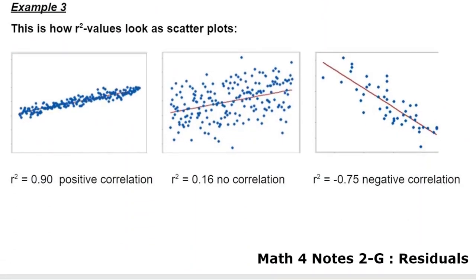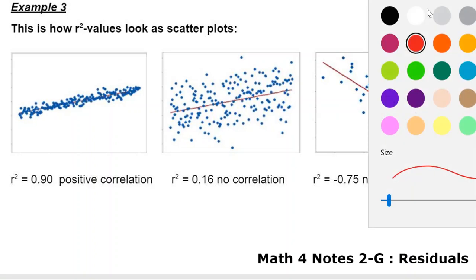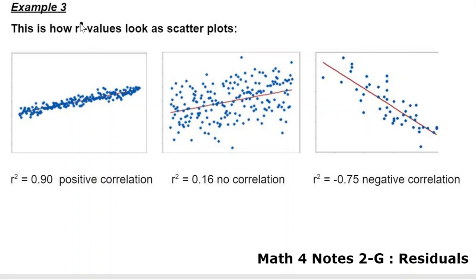Now for example 3, I have to confess I made an error when I set this up: these should be R values, not R squared. When you think about it, R squared cannot be negative. R squared would have to be positive.